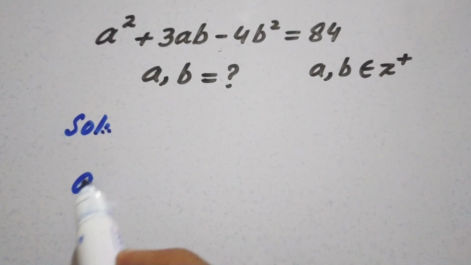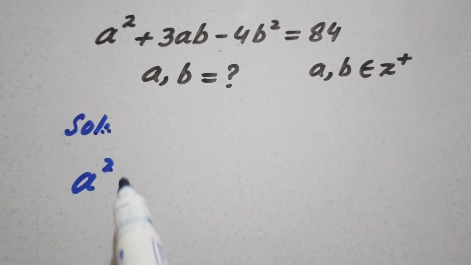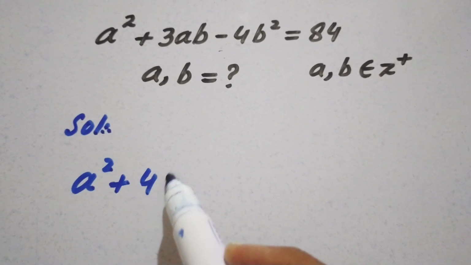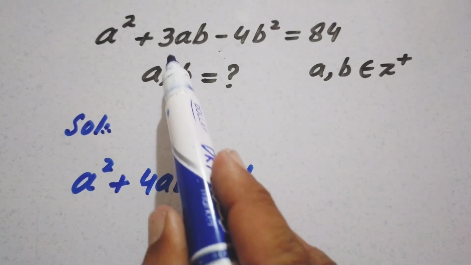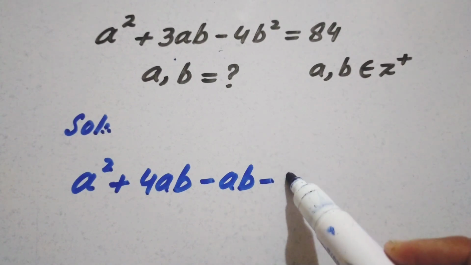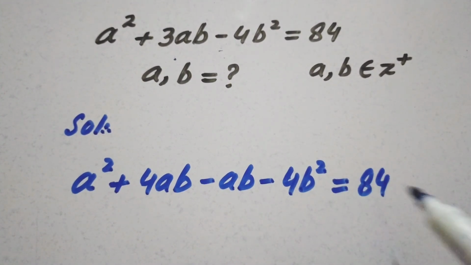As it is given that a squared plus 3ab, we can write this 3ab as 4ab minus ab. 4ab minus ab gives us 3ab, and minus 4b squared is equal to 84.